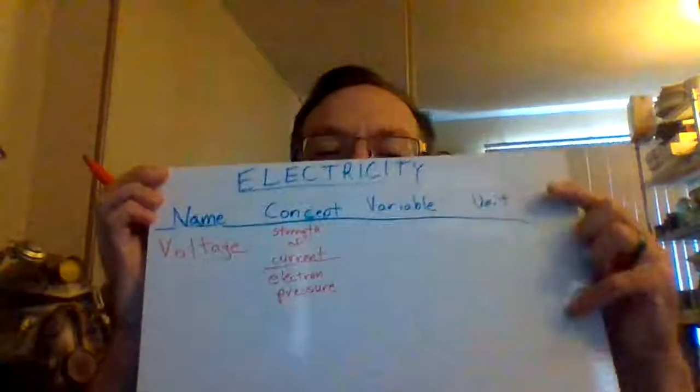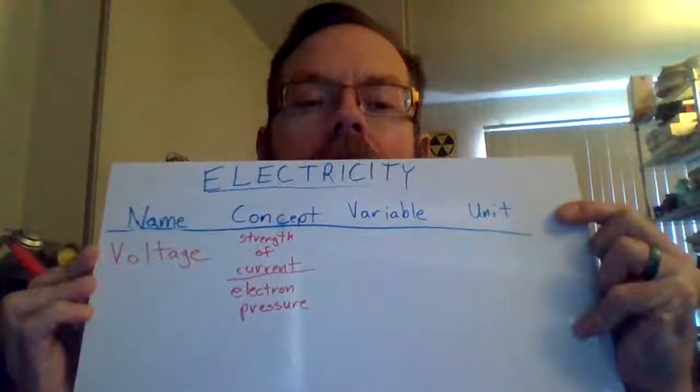Or we might also call it electron pressure. Like we could talk about water pressure. We could talk about this as electron pressure. How much force or how much difference in charge is making those electrons want to flow. So we've got the strength of current and the electron pressure.